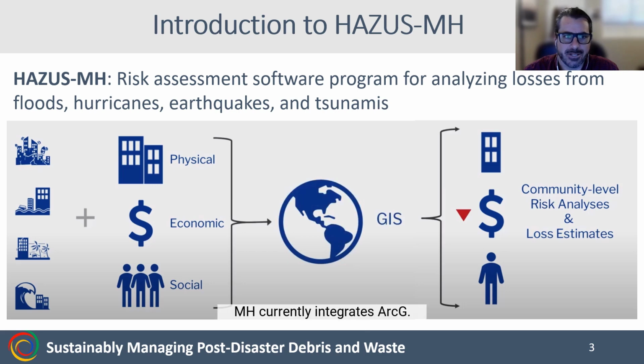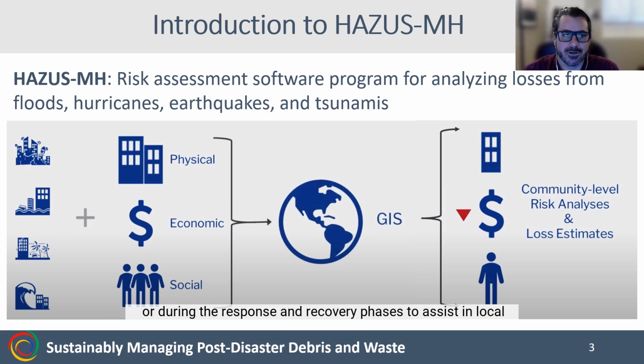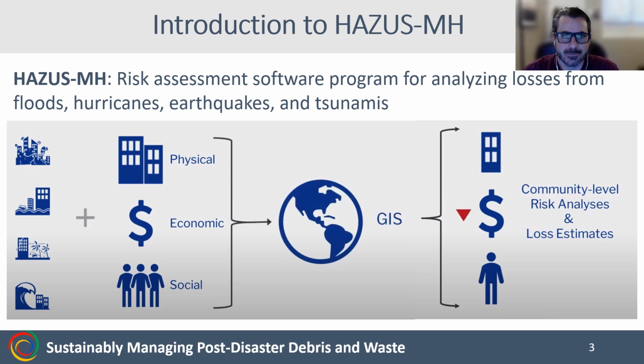HAZUS-MH currently integrates ArcGIS to produce spatial estimates of potential losses from a variety of infrastructure, including residential communities, commercial enterprises, and industrial facilities. Predictions from HAZUS-MH can be applied both during disaster planning or during the response and recovery phases to assist in local to state level risk analysis, loss estimates, and post-disaster materials management applications.